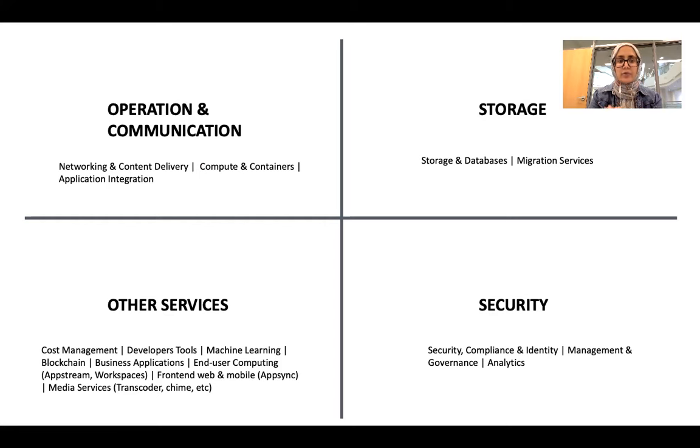For example, in networking and content delivery, we have Route 53 and CloudFront, and in storage and database, we have S3, DynamoDB, RDS and things like that. So the bigger divisions are operation and communication, storage, security, and some other services.